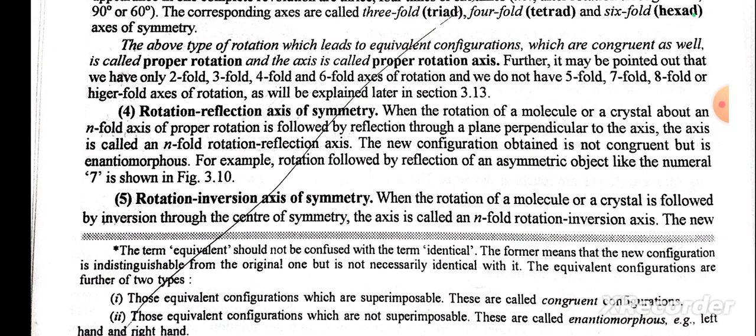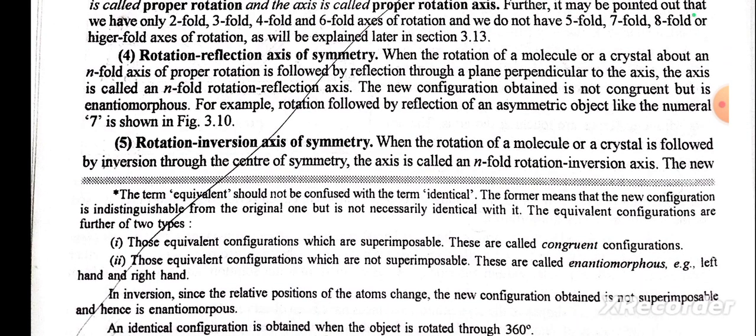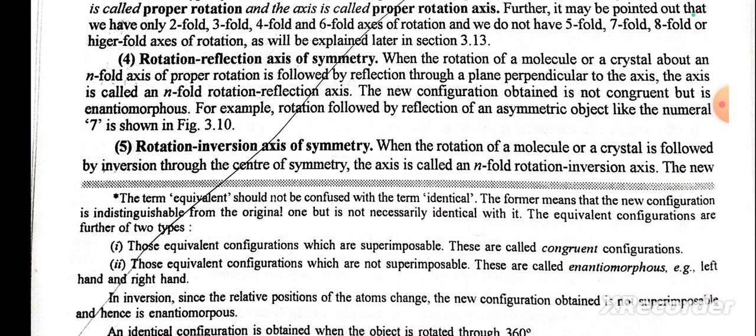When the rotation of a molecule or crystal about an n-fold axis of proper rotation is followed by reflection through a plane perpendicular to the axis, the axis is called an n-fold rotation-reflection axis, and the configuration obtained is not congruent but is enantiomorphous.